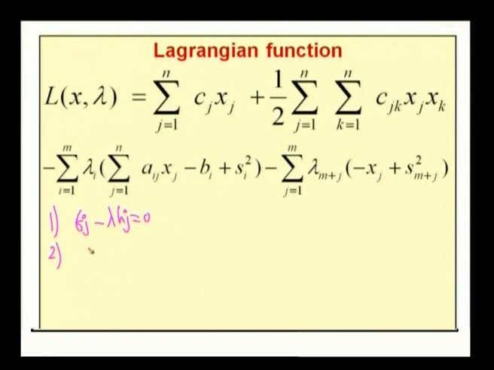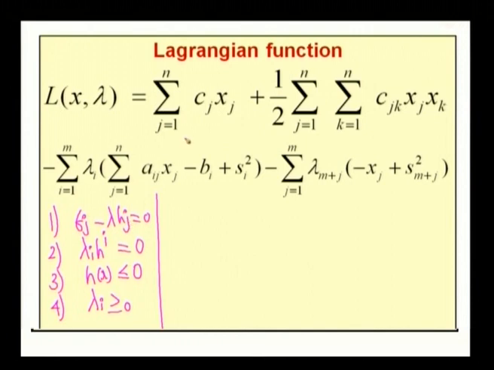The second Kuhn-Tucker condition is lambda i hi equal to 0. The third condition is h of x less than or equal to 0, for the maximizing objective function, and the fourth condition is lambda i greater than or equal to 0. So, for a given nonlinear programming problem, these are our Kuhn-Tucker conditions.